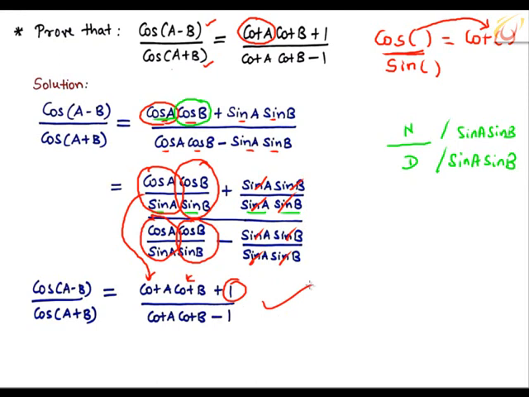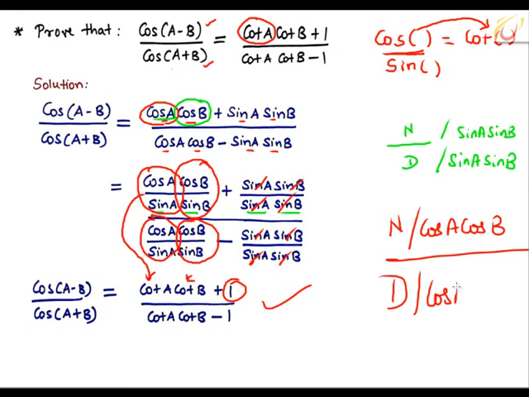Now in this same sum, if the RHS was in terms of tan, what will we do? If RHS is in terms of tan, we divide all that is sine by all that is cos. So in that case, our numerator would have been divided by cos A cos B, and our denominator would have been divided by cos A cos B. So we would have got an answer in tan.